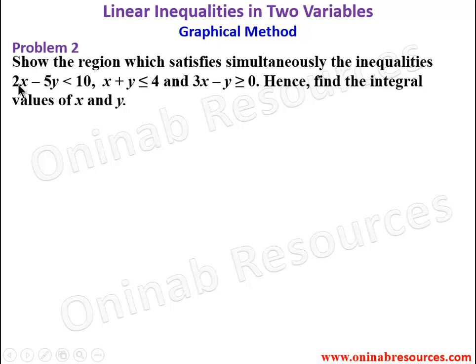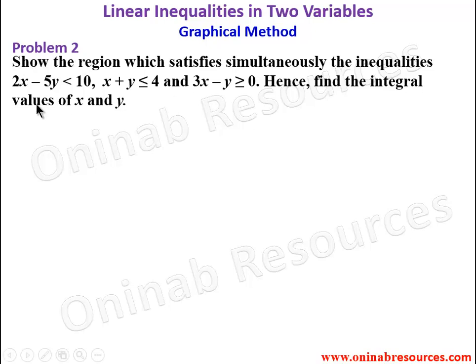So what we do is we turn it to equation, create the table of values for each of them, then we draw each of the lines and then shade the region that is not required. Then we now have the required region unshaded. Probably it's going to form another plane shape.